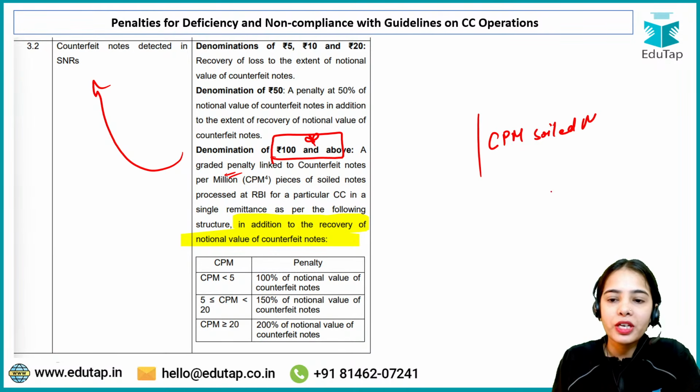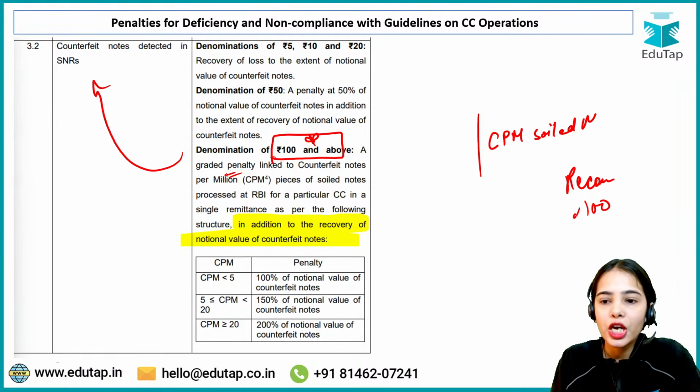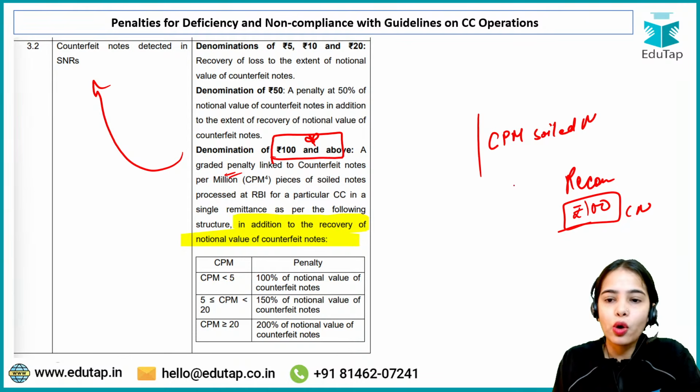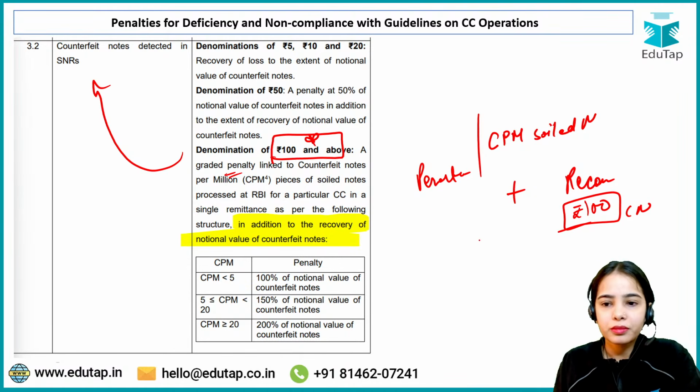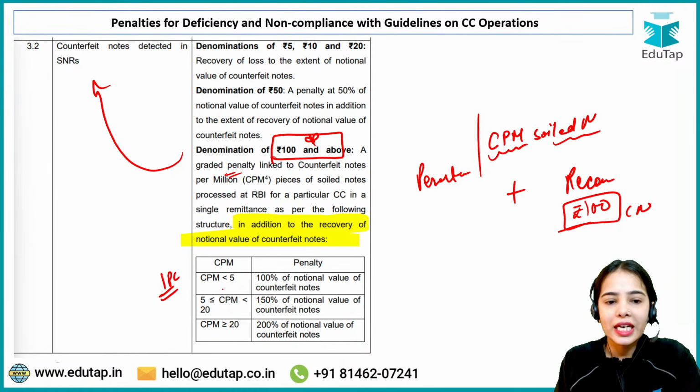Okay, so RBI will be recovering the loss. RBI will be recovering the loss that, okay, 100 rupees was a counterfeit note. So 100 rupees is the recovery of loss, plus a penalty has to be paid for the counterfeit note. Let's say only one piece has been found in the counterfeit per million soiled notes. So counterfeit notes per million is less than 5.